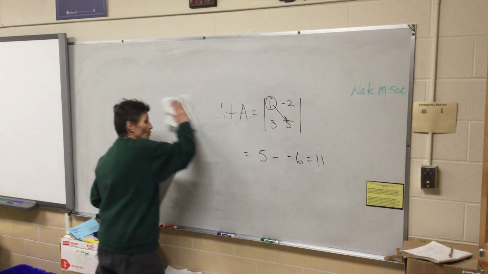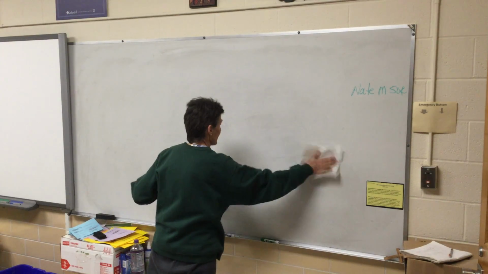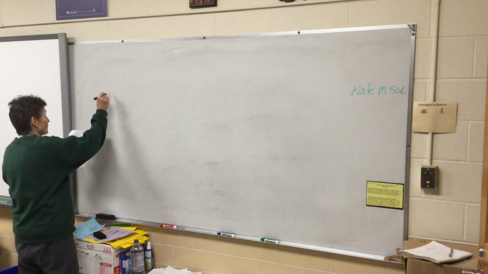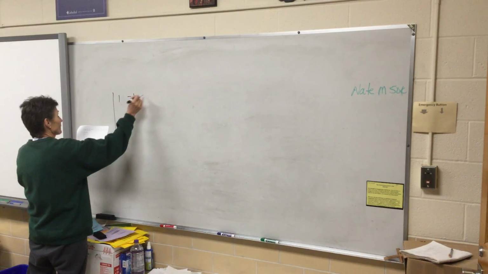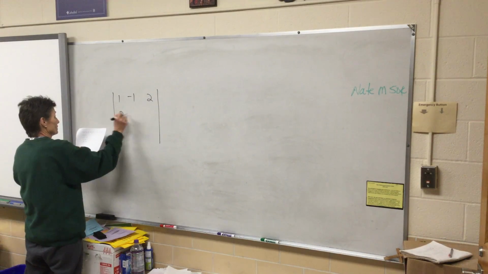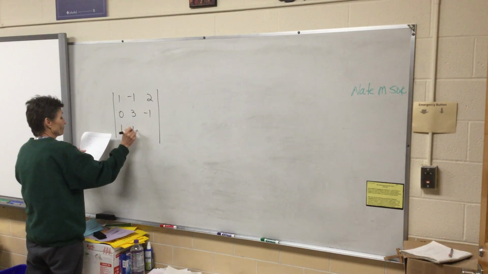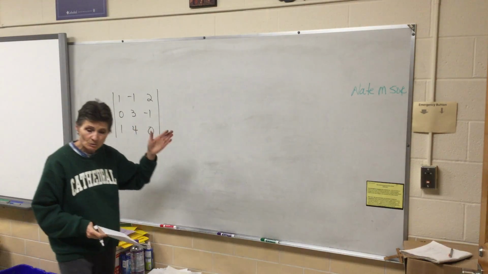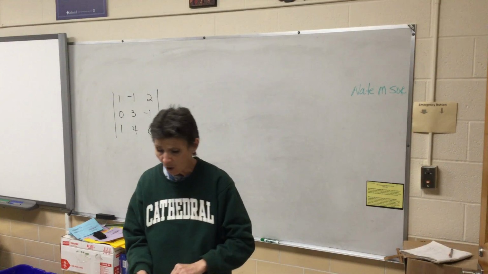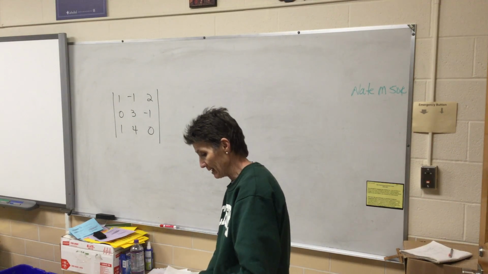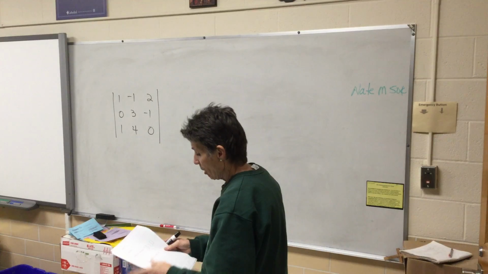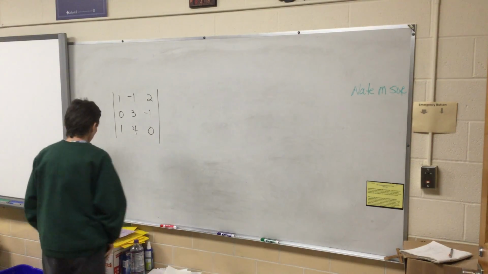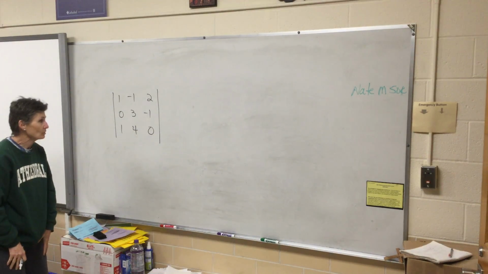Well, how does it work? It sort of works the same way. It just is a little bit bigger. So here's what you do. We're going to find the determinant of C. Remember, in matrix land, those vertical bars always mean determinant, and that means the answer is going to be a single number.